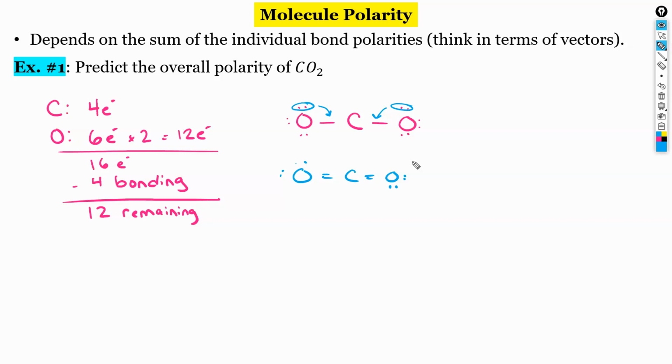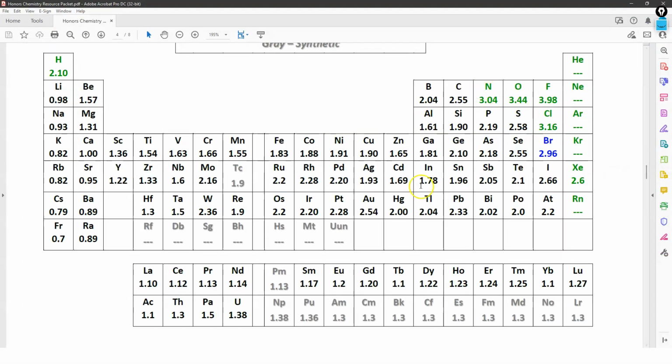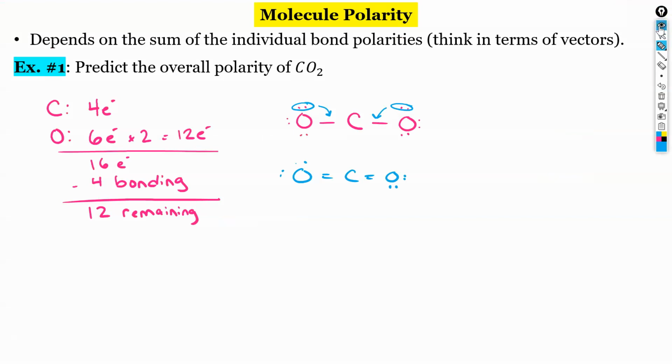The next thing we need to do is go to our table of electronegativity values. So let's go back and take a look there. Oxygen is 3.44, carbon is 2.55.